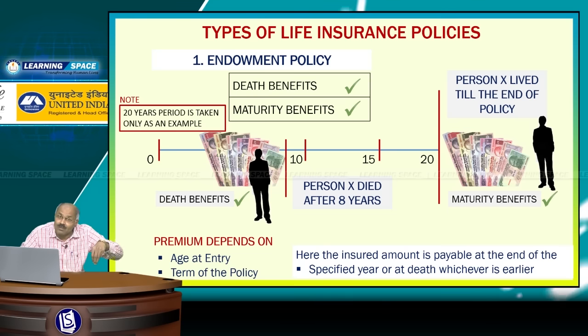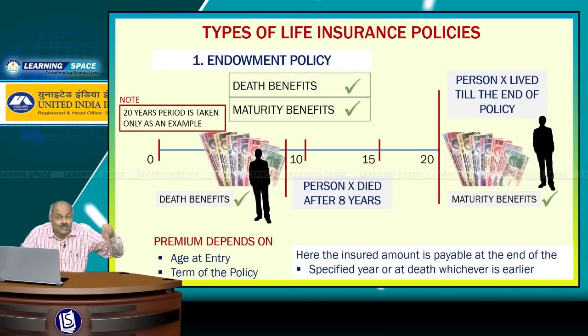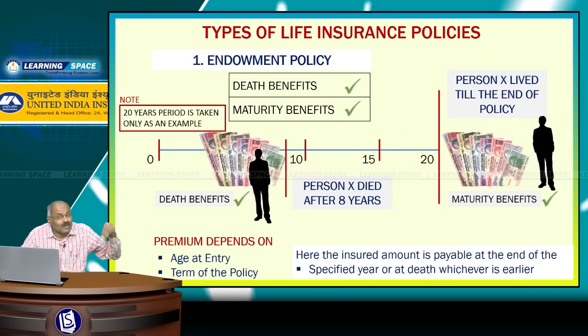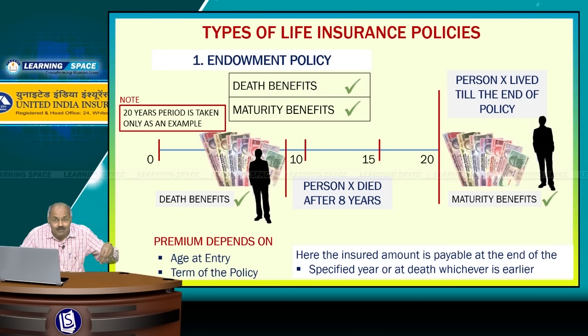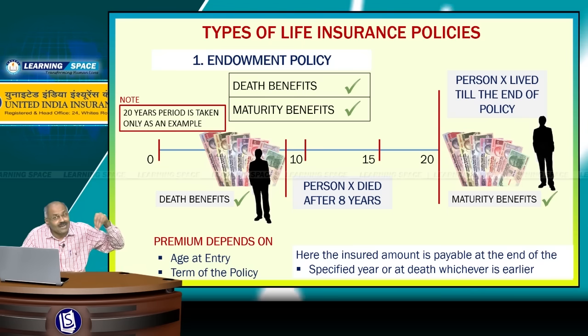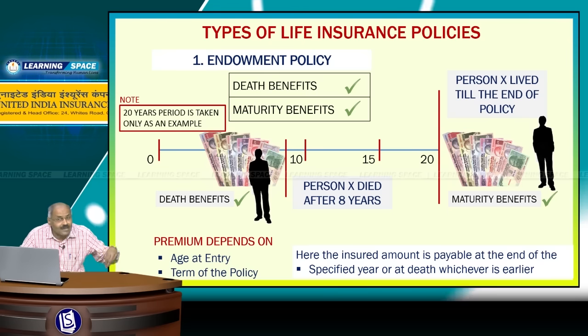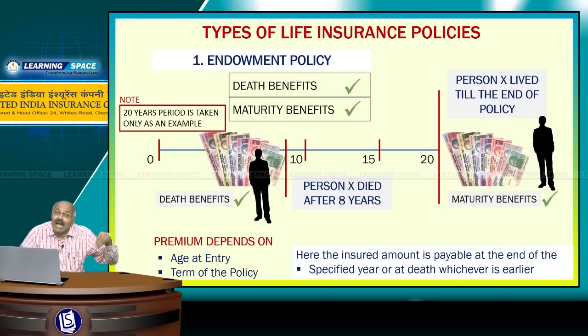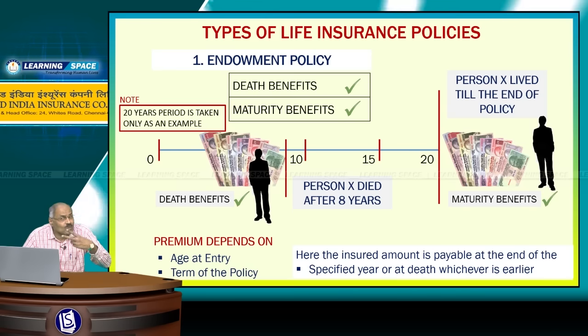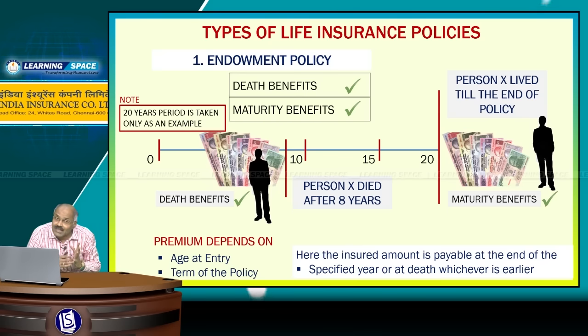And you may ask, what about premium? Premium which is to be paid every year, the premium can be paid monthly, quarterly, half yearly or yearly, and the premium to be paid annually will depend on basically two things. One is age at entry.